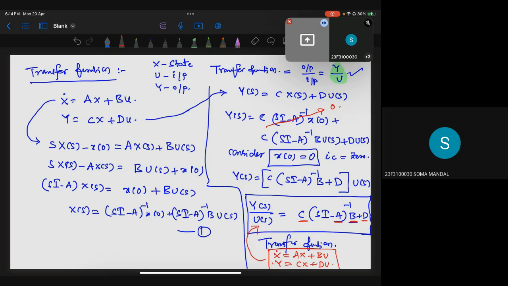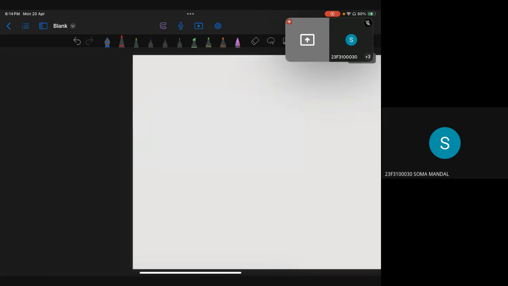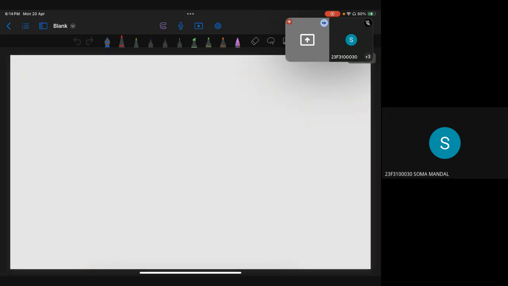Let me give a surprise test. Write down the state space equations for this problem. I'm giving a little big one.